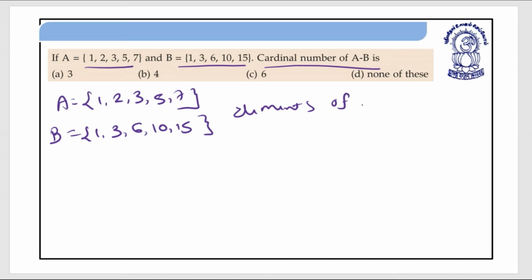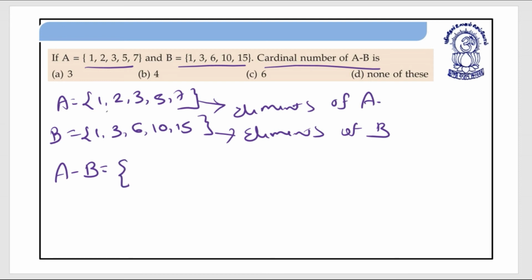Elements of A. Same way, elements of B. Here A minus B is equal to 2, 5, 7.